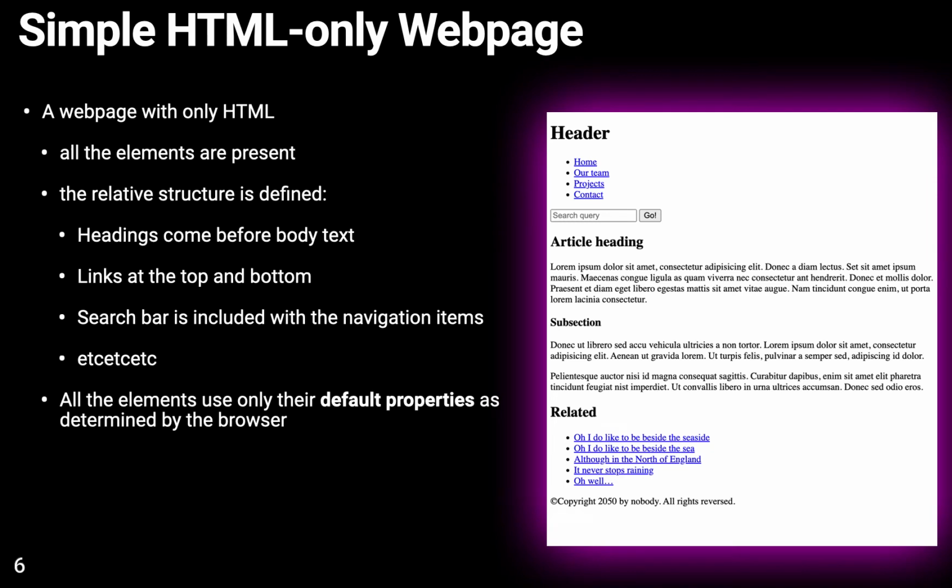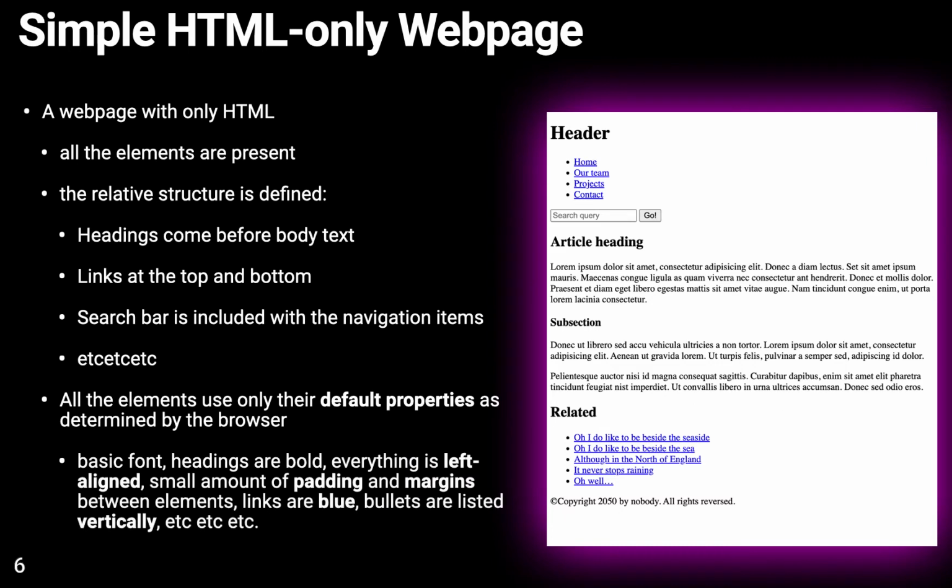So all of the elements displayed here in this example are the default properties as determined by the web browser, right? There is no styling done here. This is just if I write, hey, web browser in HTML, I want this element. Well, that's what the first header looks like. That's what the second header looks like. That's what the subsection header looks like. All that. So it's all basic stuff, right?